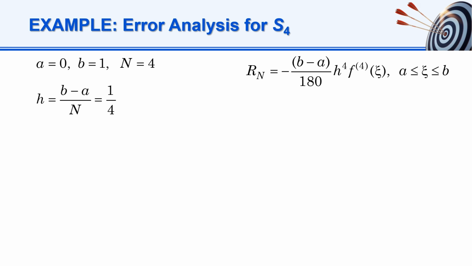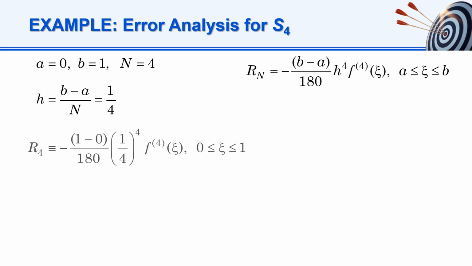To calculate the global error R4, we need the value of the fourth derivative of the function f(x) at x equals x_c. Let us consider the error term of the S4. Note that x_c is unknown here. To find the upper bound, we can replace the derivative term with its maximum magnitude.